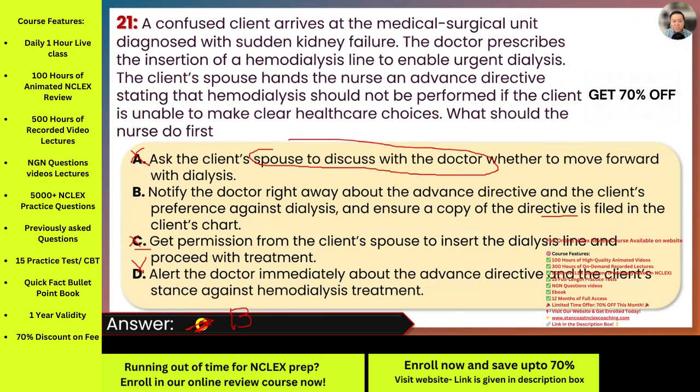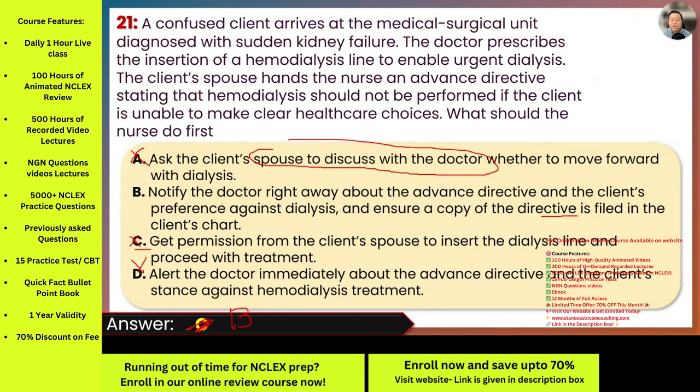All right. So in this type of question, you have to consider that the client's rights always come first. If the question involves the client's legal healthcare choices, the correct option will always focus on honoring the patient's autonomy, and the advance directive must be followed. Your role as a nurse is to take immediate action. Watch out for options that shift responsibility to others, such as in letter A. As a nurse advocate, you should communicate directly with the medical provider.